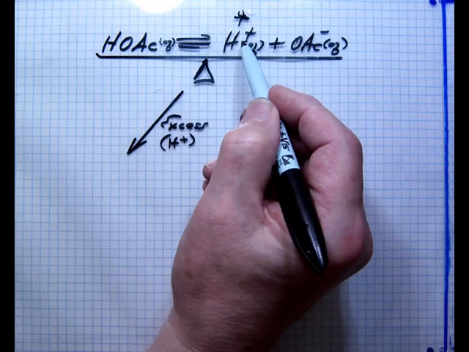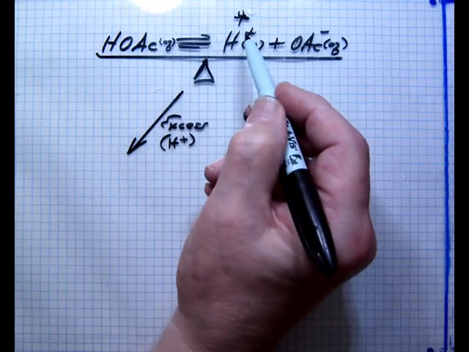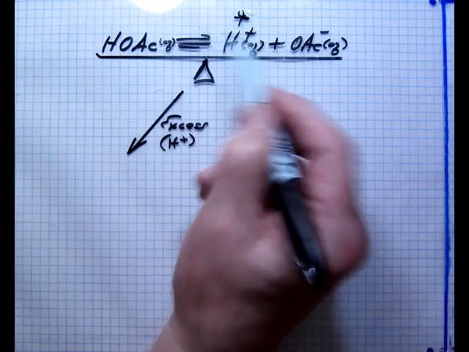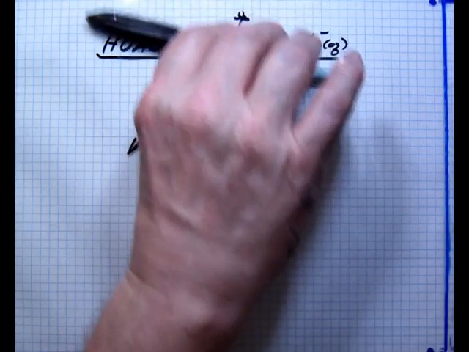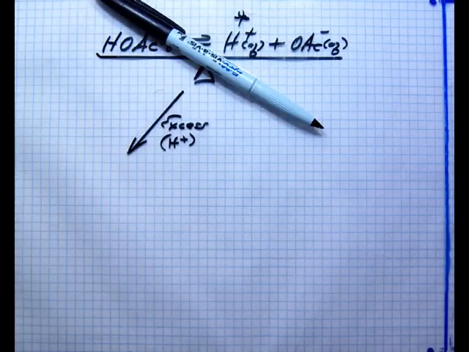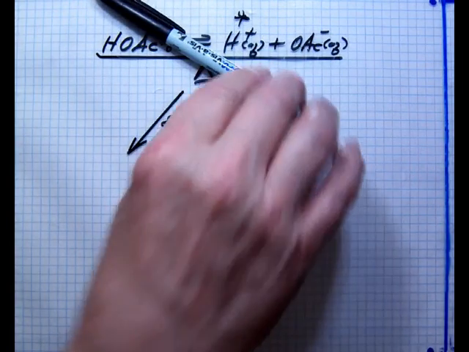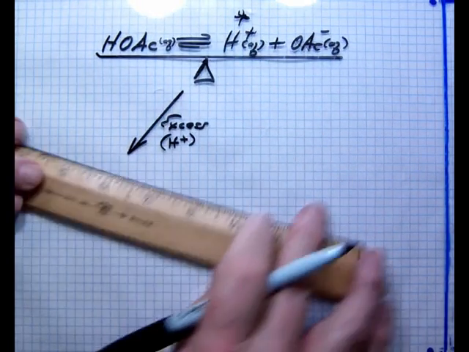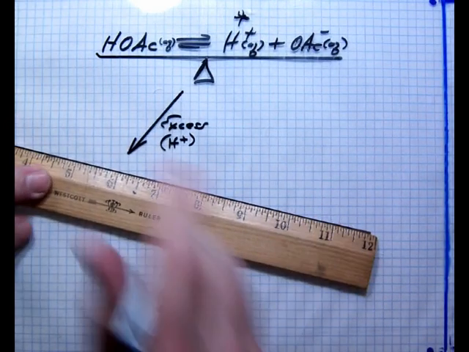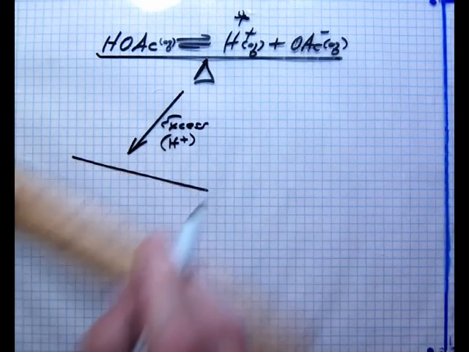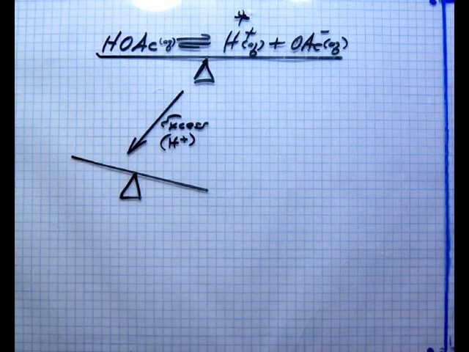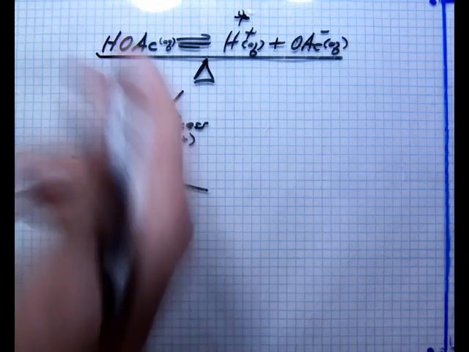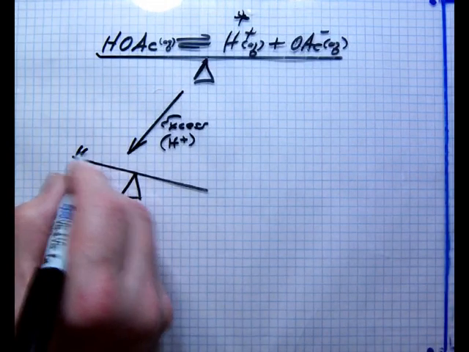You're going to have an extra kid that looks like hydrogen ions sitting over here. Okay, well, this balance is not going to stay. It's going to get heavier on the right side, so your seesaw is going to tilt like that. And so you're going to have a system that is no longer at equilibrium. Like this. Now you still have the same molecules.